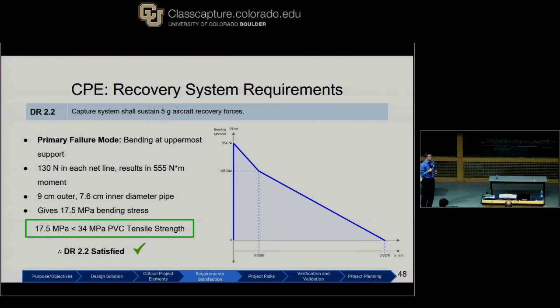The final requirement is that the capture system itself be able to sustain the 5 G landing forces. Now, the primary failure mode here was bending at the uppermost support on one of the posts.